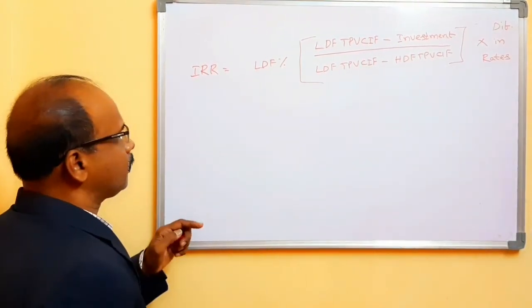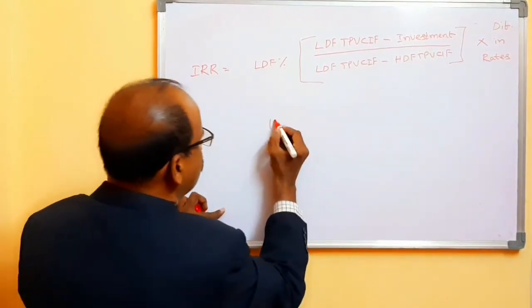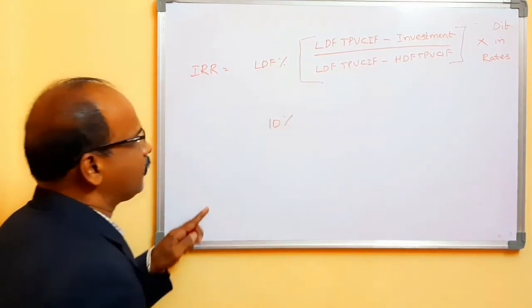In this problem, the least discount factor we take is 10%.